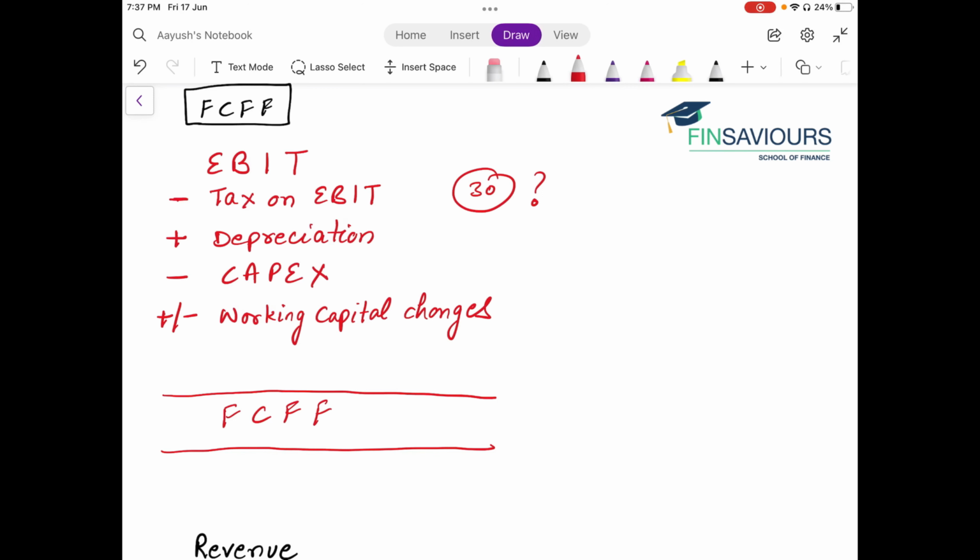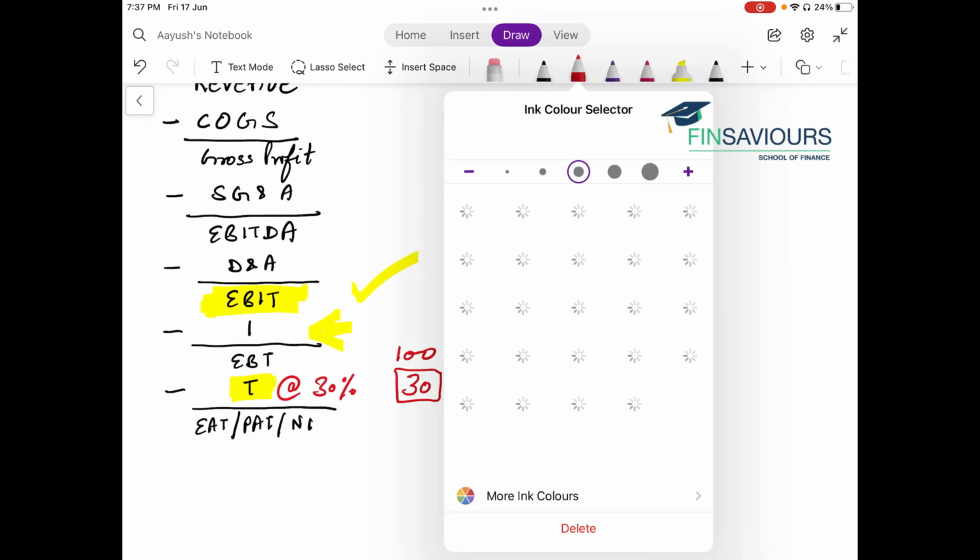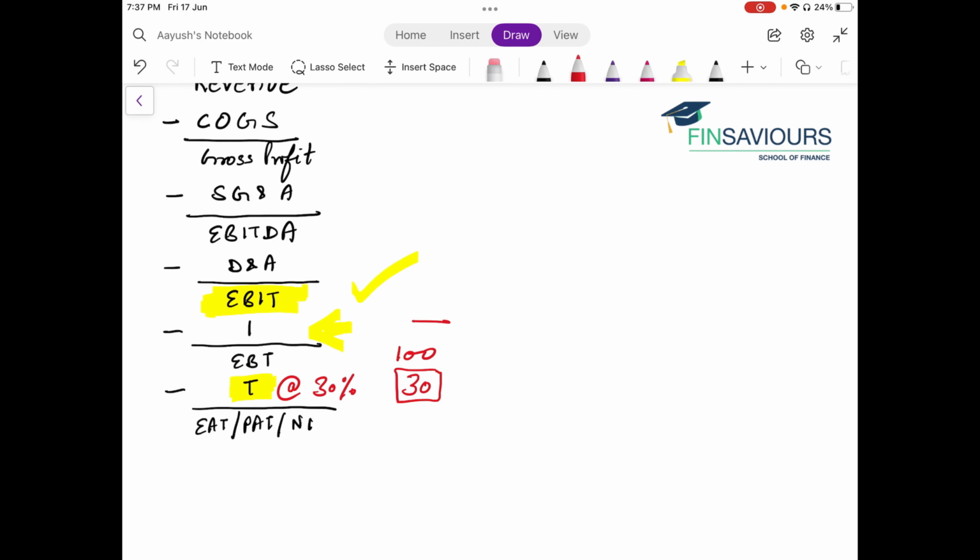This should not be there. This is not the same as your tax in the income statement, guys. Why? Because in the income statement, you subtract the tax after subtracting this interest. But in your FCFF computation, you are not subtracting that interest.